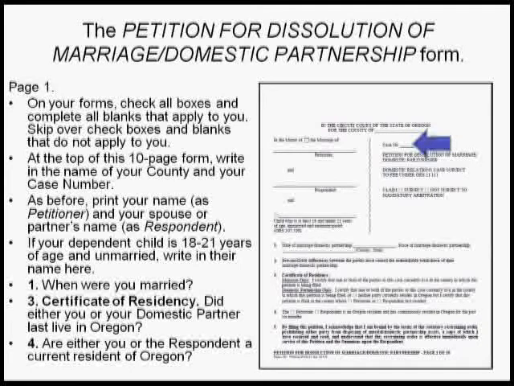As before, print your name as petitioner and your spouse or partner's name as respondent. If your dependent child is 18 to 21 years of age and unmarried, write in their name here.